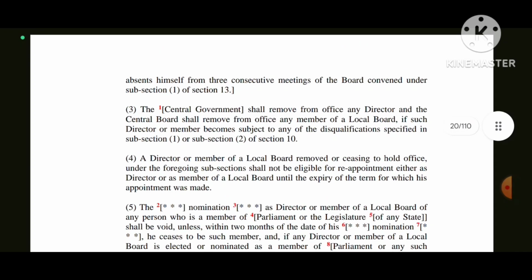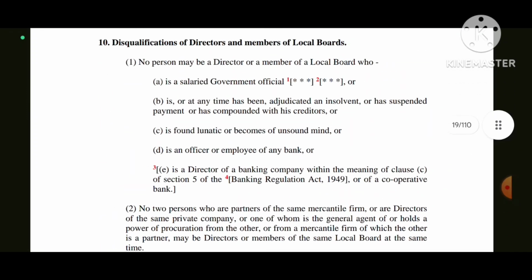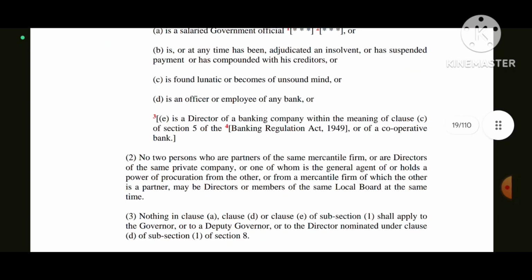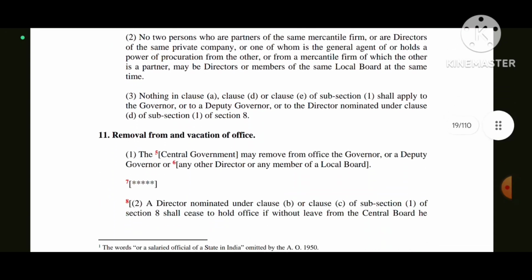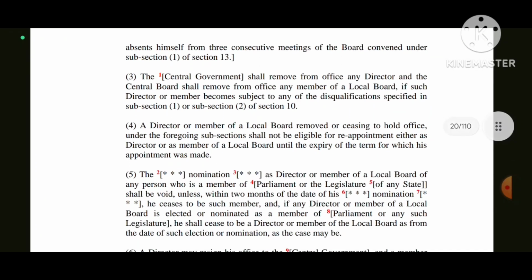So subsection 1 is the salaried government employee and all, and in subsection 2, any two persons cannot be the director of the same local board. So the central government can remove from office any director from the central board.